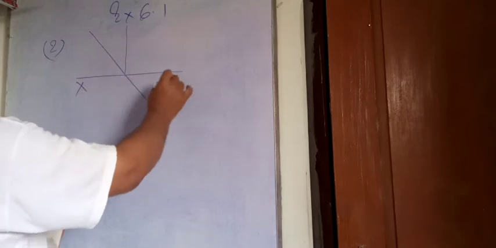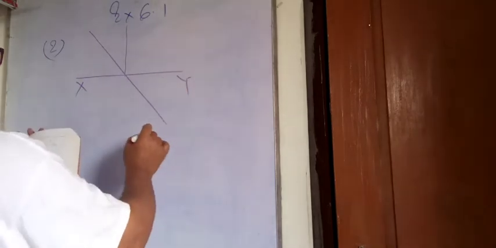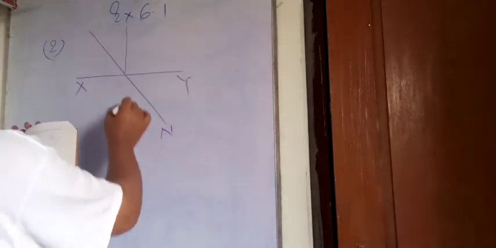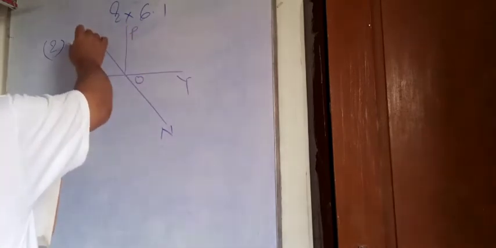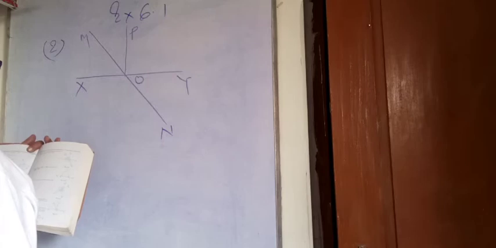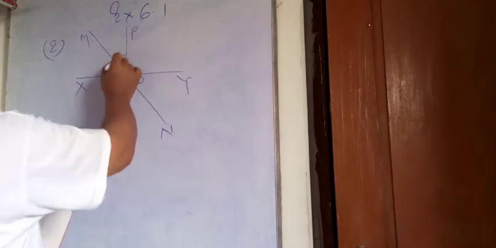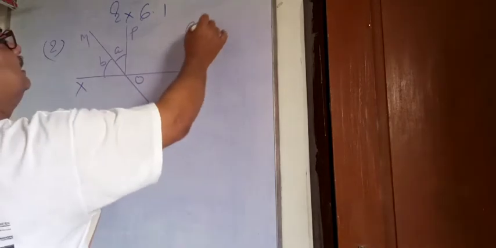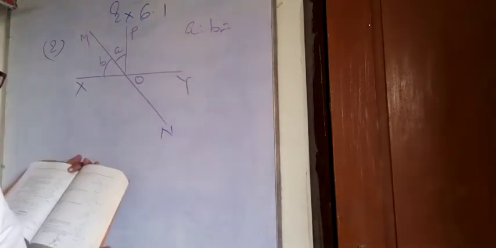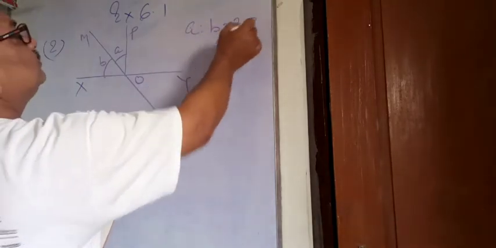Let's name the points X, Y, N, O, P, M. We have been given A and B. This is A, this is B. A is to B equal to 2 is to 3.